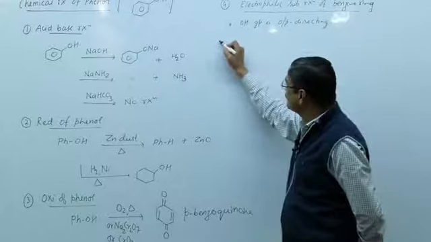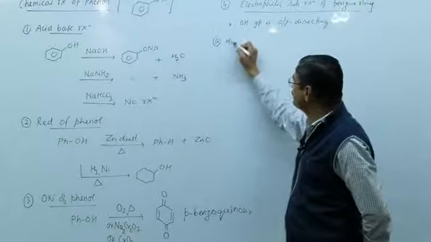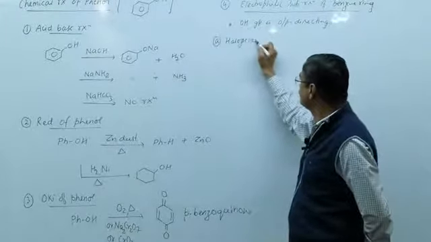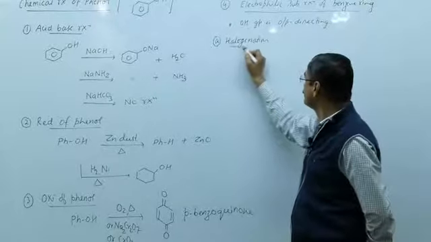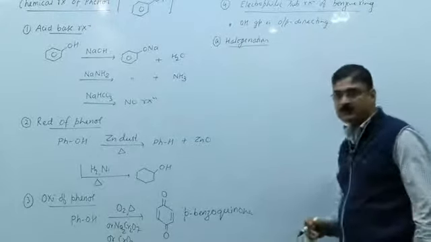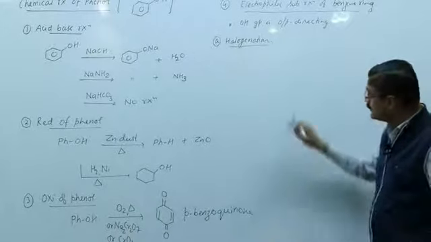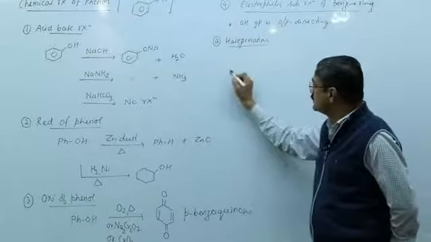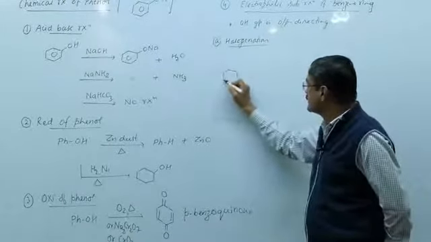So first I take halogenation. In halogenation, generally bromine and chlorine are used. So I write the halogenation reaction.